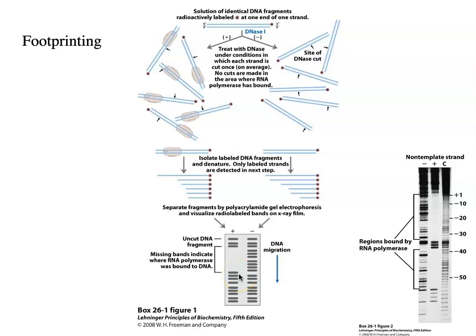Now, why is that? You can imagine here with the arrows is shown where the endonuclease will digest. If, for example, the endonuclease has to digest here, or perhaps within the binding site, that endonuclease will not be able to cut anywhere in very close proximity to the RNA polymerase.